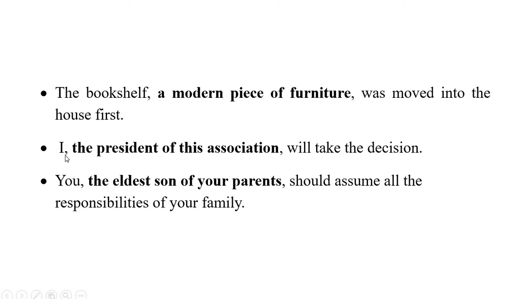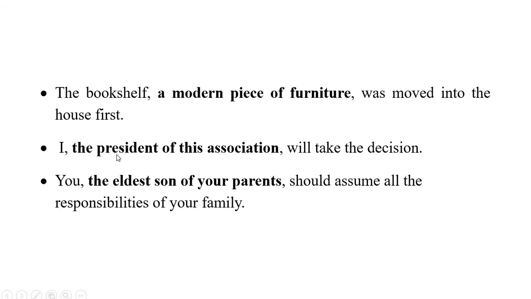Second example, I, the president of this association, will take the decision. If I just tell you I will take the decision, I think you will be satisfied with my sentence because it makes sense, it's full, it's complete.